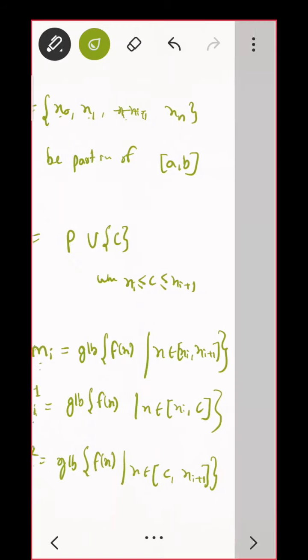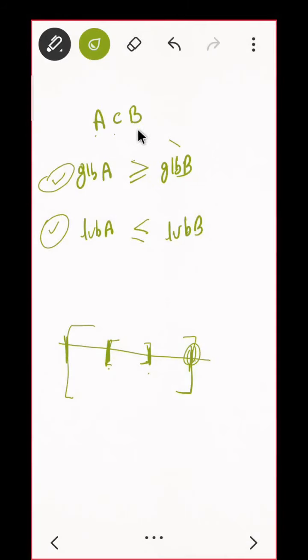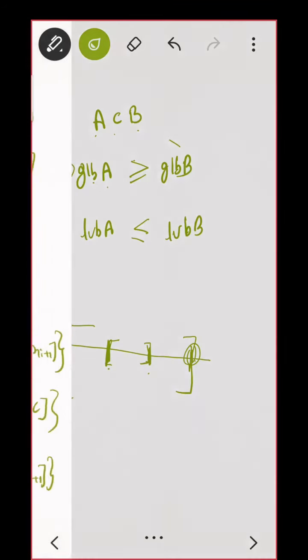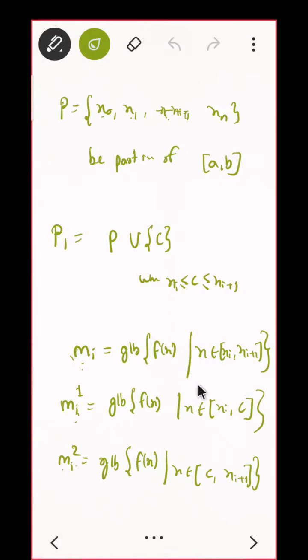Just now we talked about if A is a subset of B, then GLB of A is greater than or equal to GLB of B. So what do you think about these two sets? This set is a subset of this, meaning what? This is my A here and this is my B. Correct? So what do you see? I am talking about the set here. Small mi is just going to be a number only.